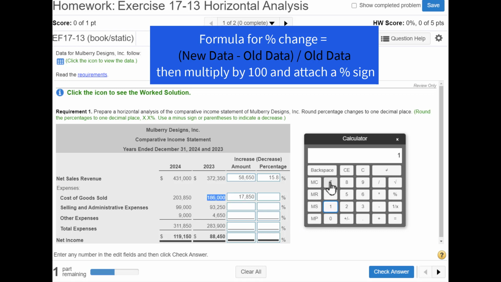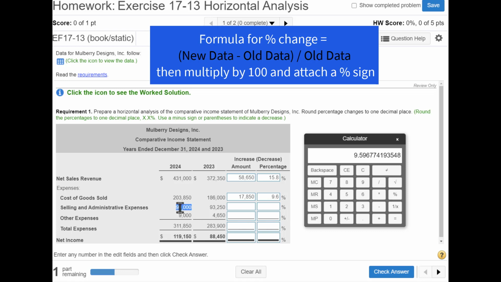So we're going to take 17,850 divided by 186,000, and then multiply that by 100 to convert it to a percentage. And we get 9.59, which rounds to 9.6 because we have to round to 1 decimal place.